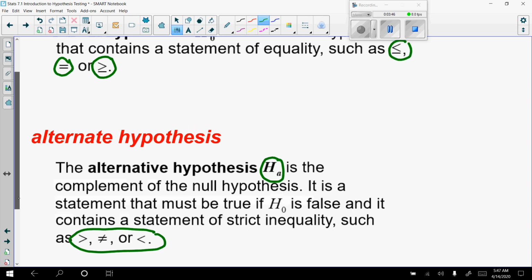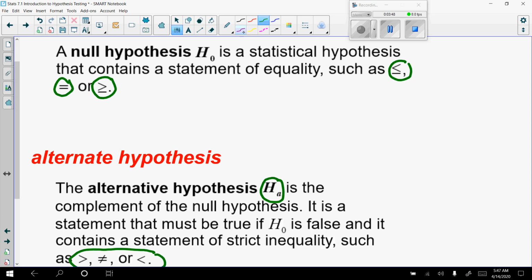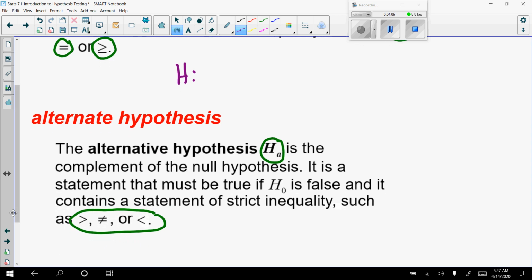Our hypotheses for the previous example: their claim is that their car gets 50 miles per gallon. Now, that doesn't mean that it gets 50 miles per gallon or less. They want to claim that it gets at least 50 miles per gallon.